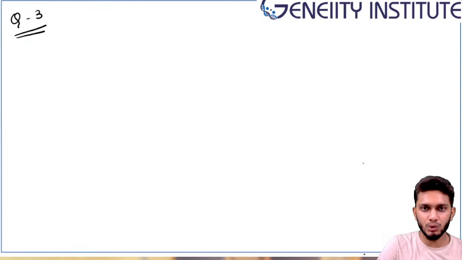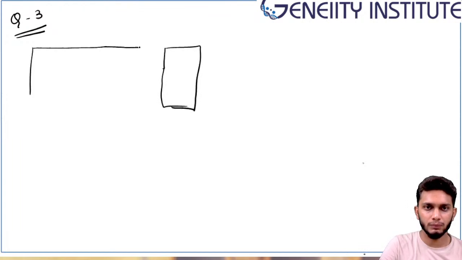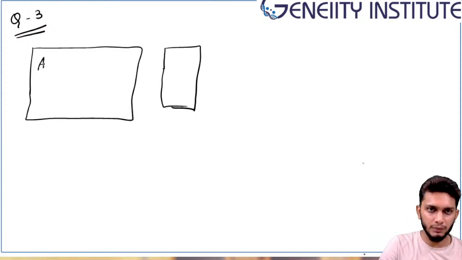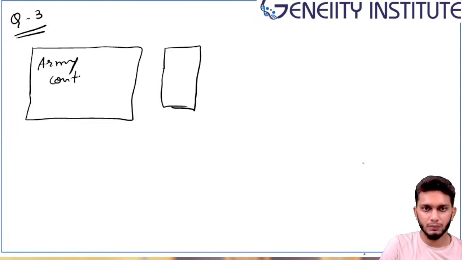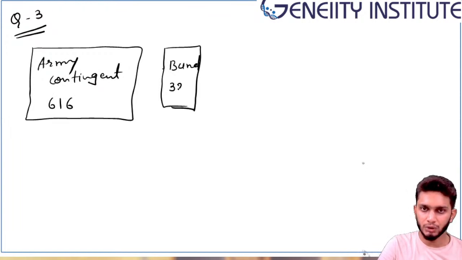First of all, we have two parts: the army contingent has 616 members, and the army band has 32 members.